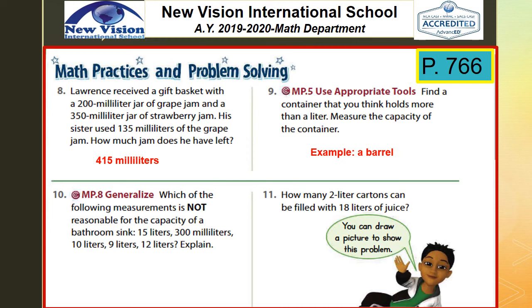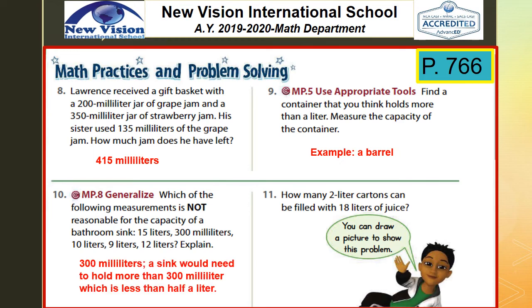What do you think is not reasonable? What's your answer? It's 300 milliliters. Why? A sink would need to hold more than 300 milliliters, which is less than half a liter. Okay. Next we have number 11.